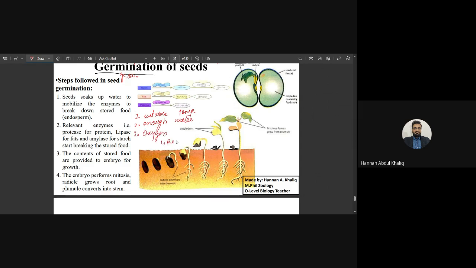Oxygen is required for respiration. The suitable temperature is required for the activity of enzymes. And enough water is to activate the enzymes, because always remember that enzymes work only in an aqueous environment.